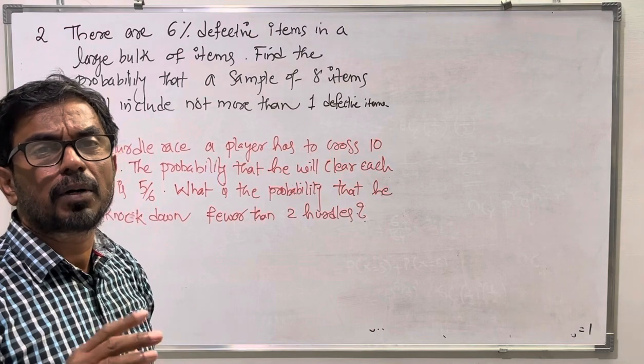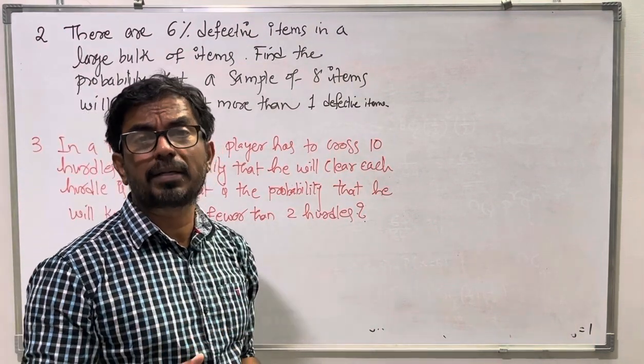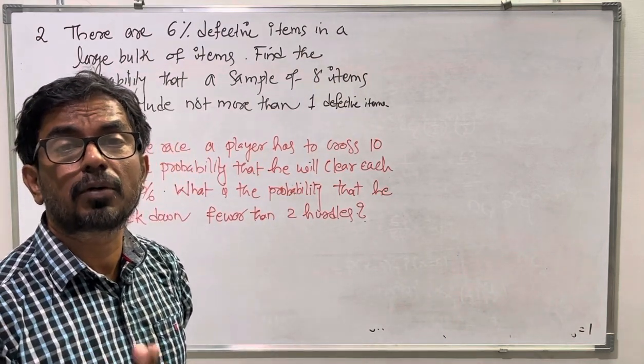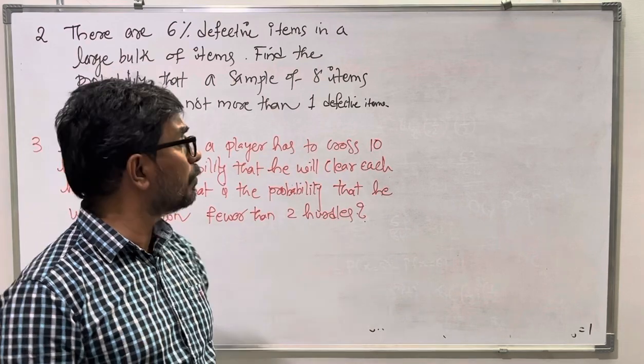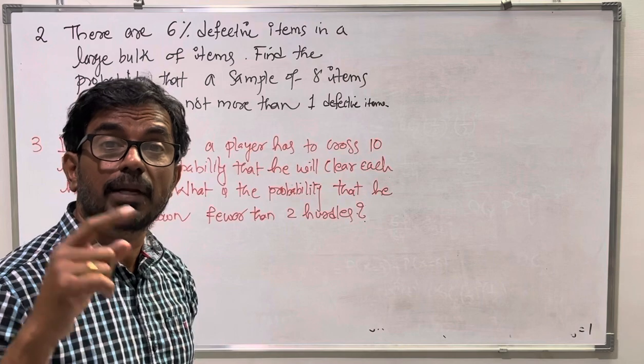Not more than one defective item means it can be maximum 1 defective, or it should be 0 defective items. So probability of x equal to 0 and probability of x equal to 1. 1 is the maximum defective it can have. So they are looking for the number of defective.